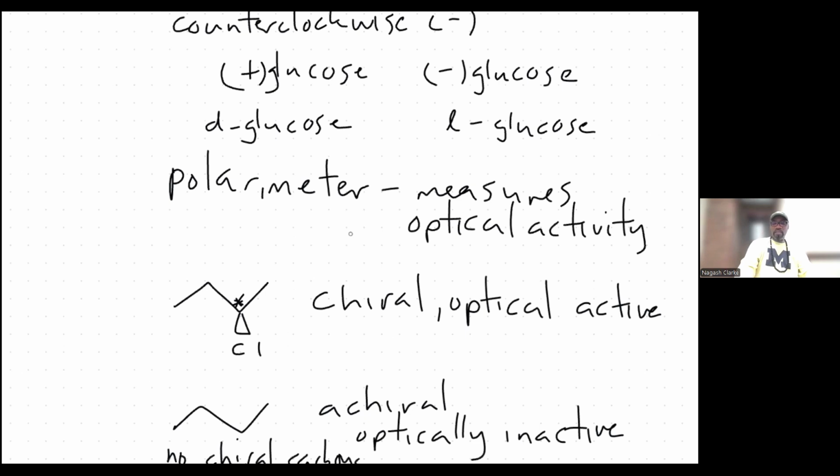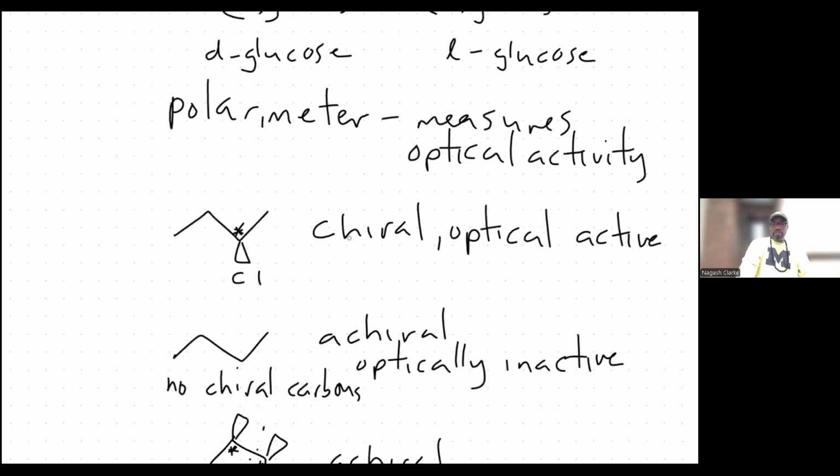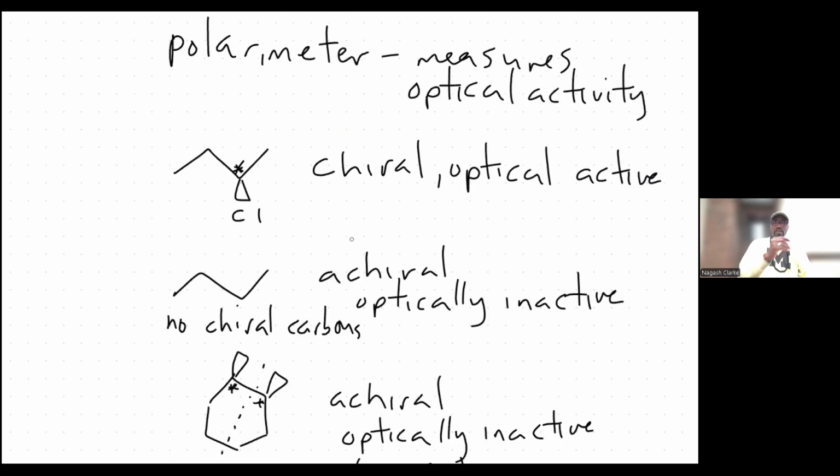We talk about cis and trans, and then we introduce optical activity. Now you can do some math with optical activity, which this video will not cover, where you can actually calculate what we call the specific rotation of your stereoisomer.